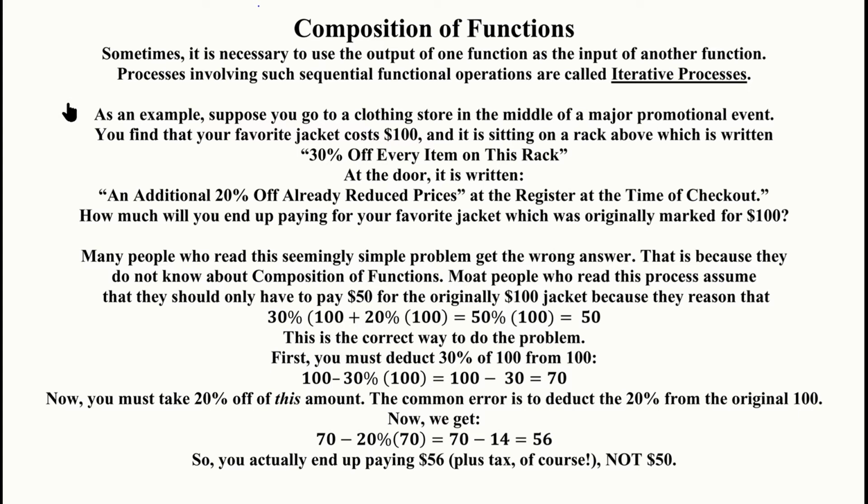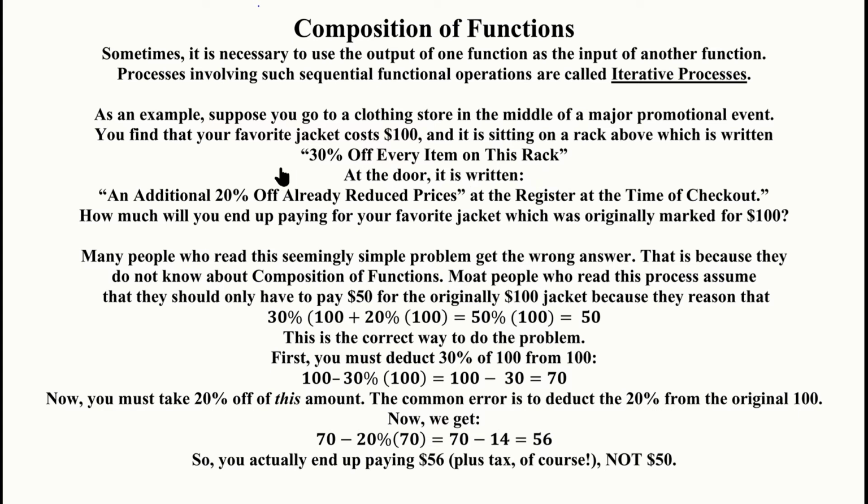Now, just to give you a quick example for where this can become handy and how powerful it is, suppose that you go to your favorite clothing store and there's a major promotional event. So basically, your favorite jacket that you've located on a rack is $100, and above that rack it says 30% off of every item on this rack, right?